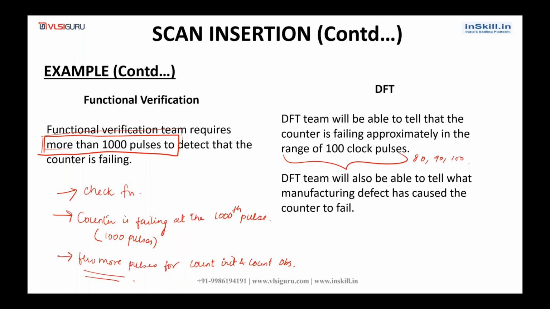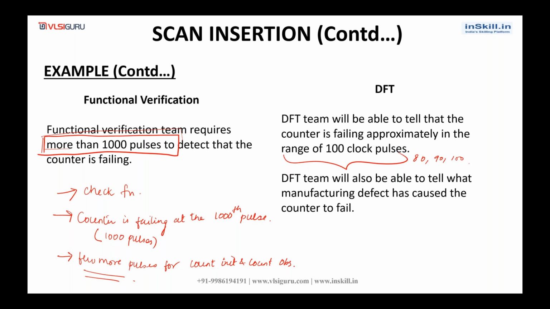The DFT team requires in the range of 100 clock pulses to tell that the counter is failing. So you can see the difference is in the clock pulses.